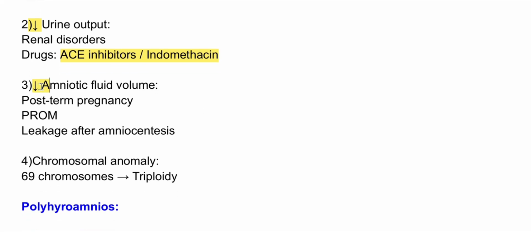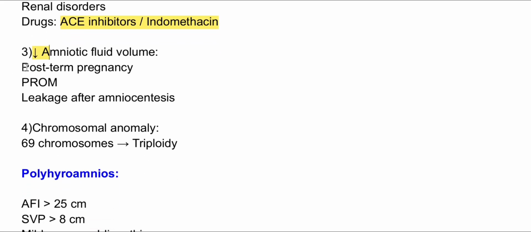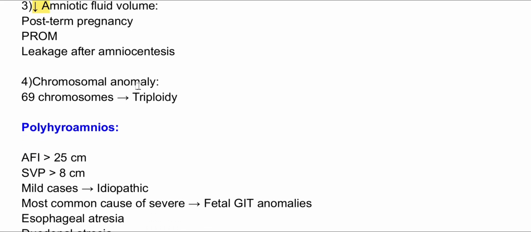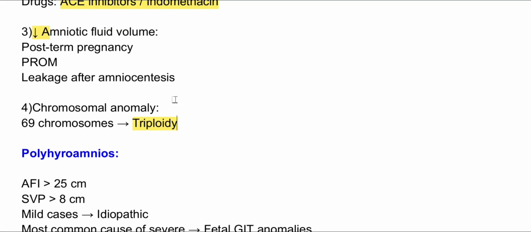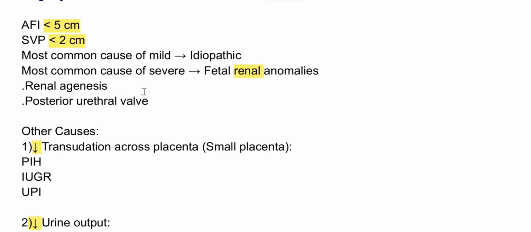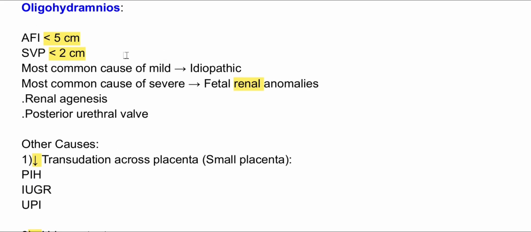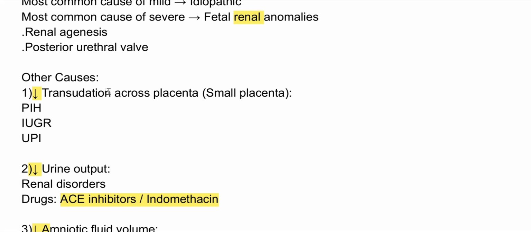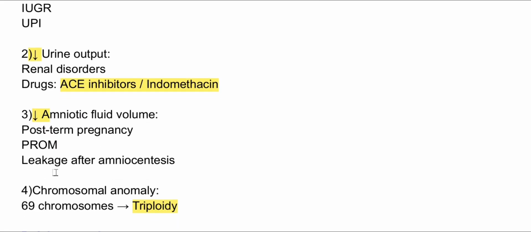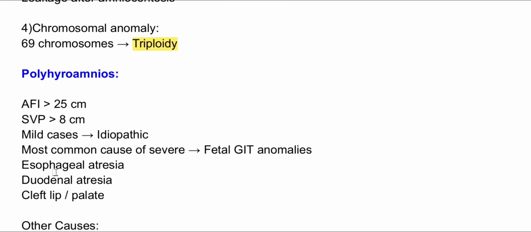Decreased amniotic fluid volume can be in post-term pregnancy, premature rupture of membrane, or leakage. Then chromosomal anomaly like triploidy. So it is all about oligohydramnios: AFI less than 5 cm, SVP less than 2 cm. Mild is idiopathic and severe is renal anomalies. Other causes will be decreased transudation, decreased urine output, decreased amniotic fluid, and triploidy.